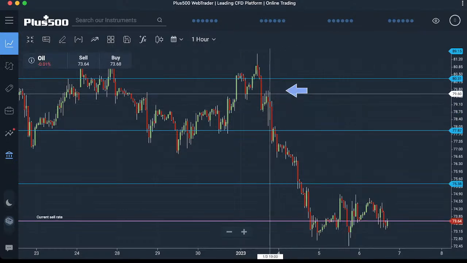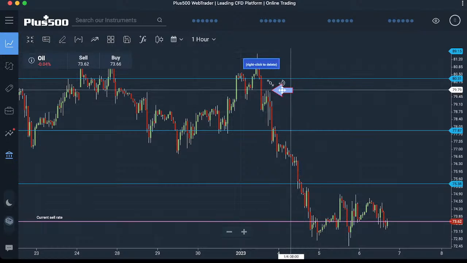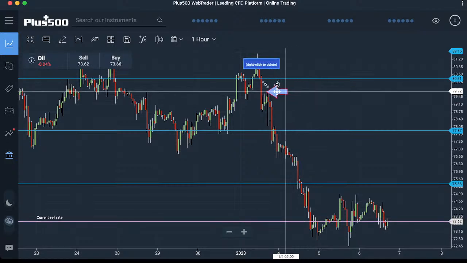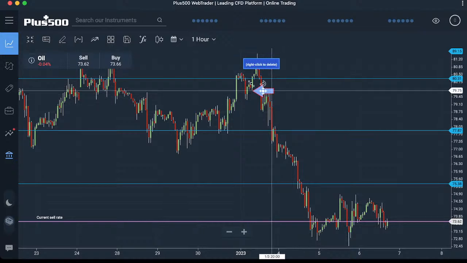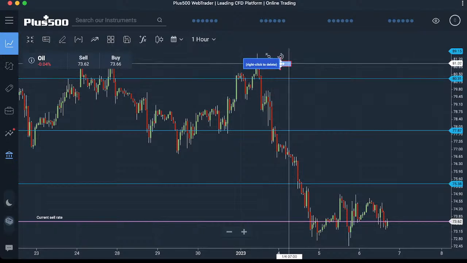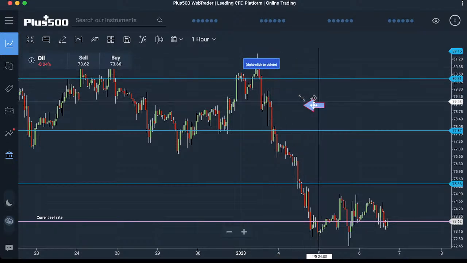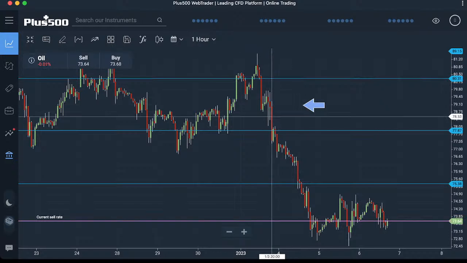Here it is obvious this fair value gap is created, and why it's more important: you can see there is also a market structure shift as the price is pushed to the downside, and it clearly broke the short-term low.